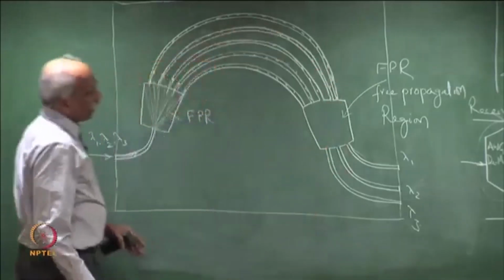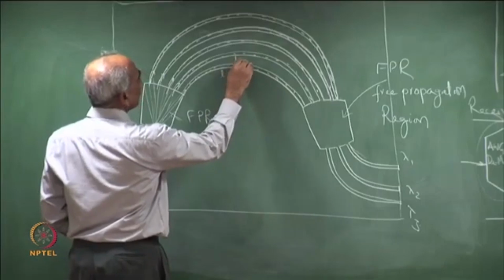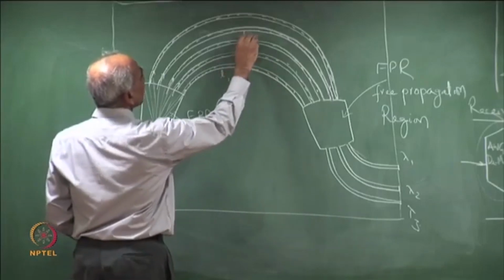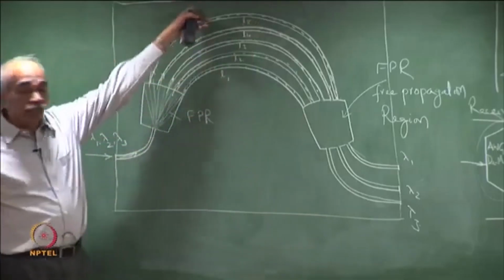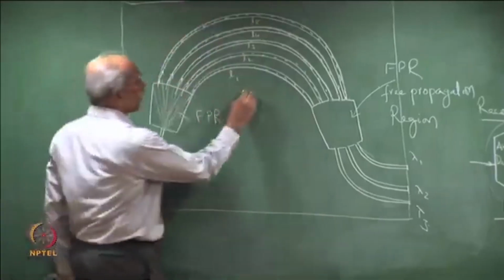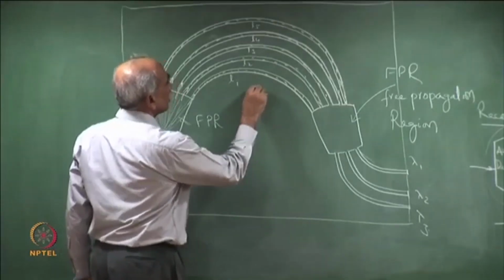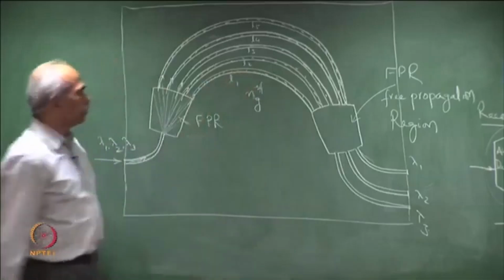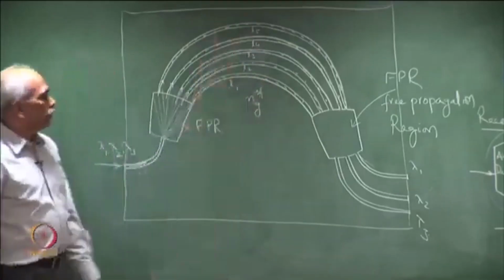As you can see, if these are lengths L1, L2, L3, L4, L5, the waveguides are usually all of the same dimension, so that the modal effective index N effective, or Ng, of the guides is identical.